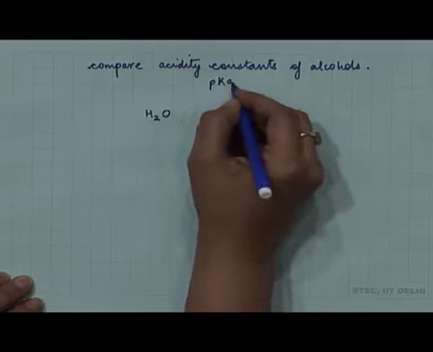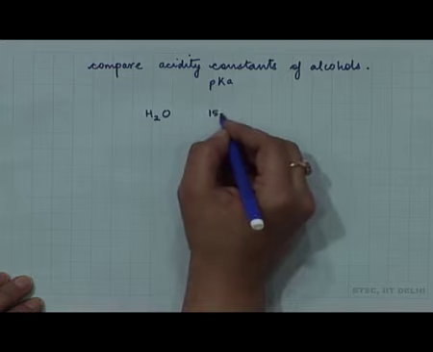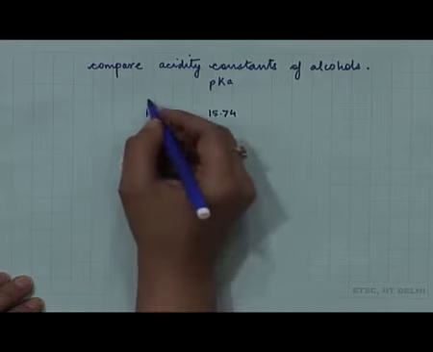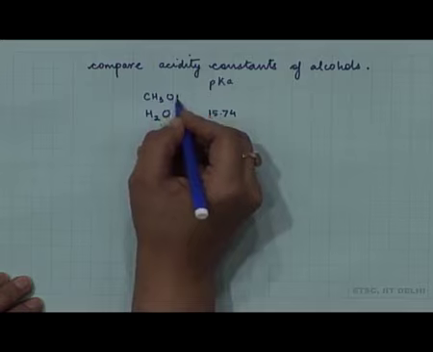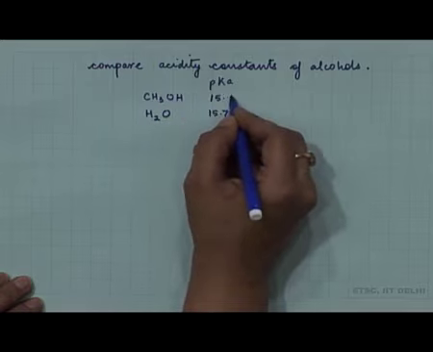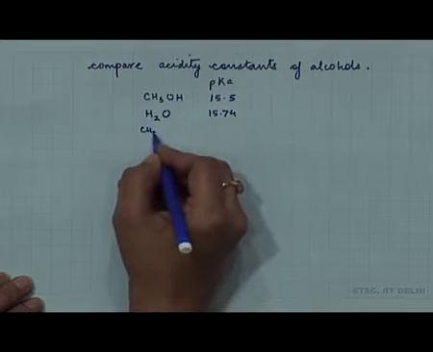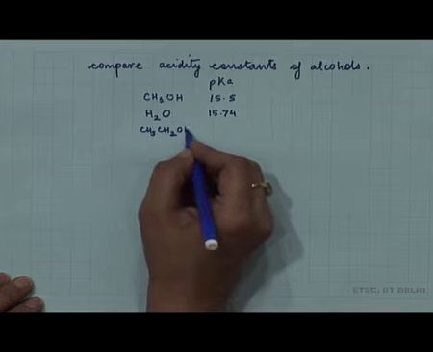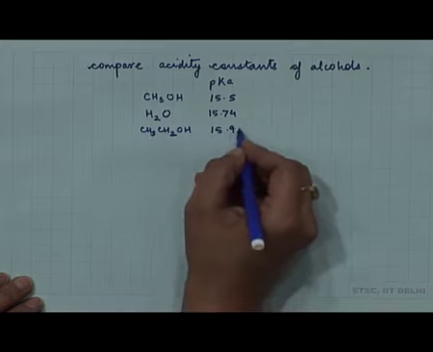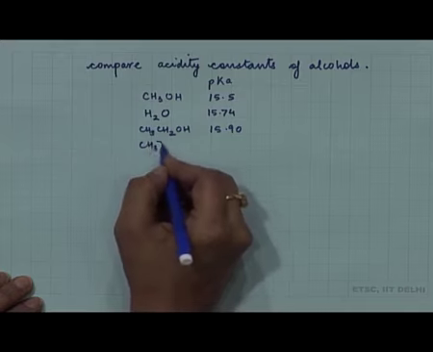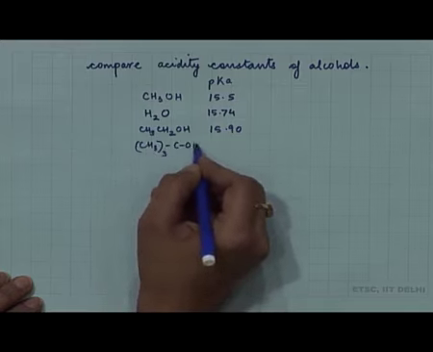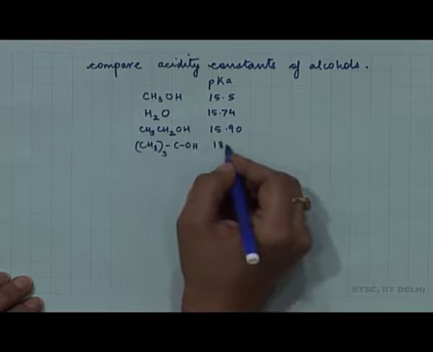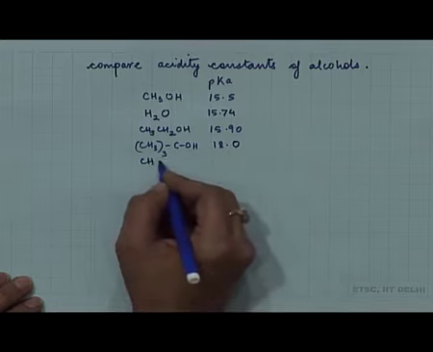The pKa value of water is known to be 15.74. If I take the simplest alcohol, methanol, the pKa value of this molecule is 15.5. If I take ethanol, the pKa value is 15.9. You take a tertiary butanol, the pKa of this molecule is 18.0.